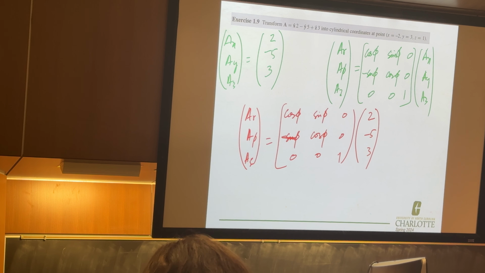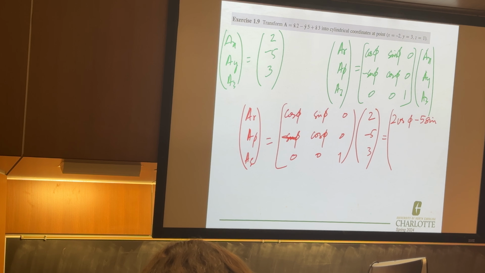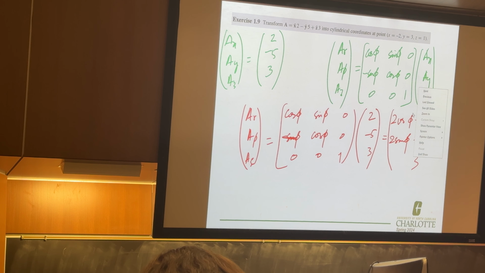That's what we have. And this gives us what? 2 cosine phi minus 5 sine phi. And then 2 sine phi minus 5 cosine phi. Then you have 3. Okay? So we haven't done anything more than just multiplying that matrix by this vector.